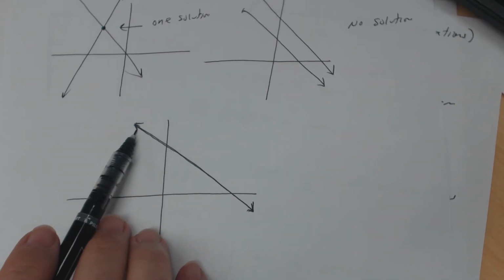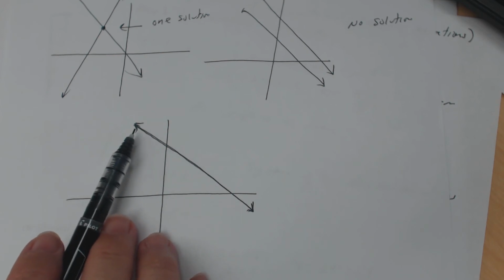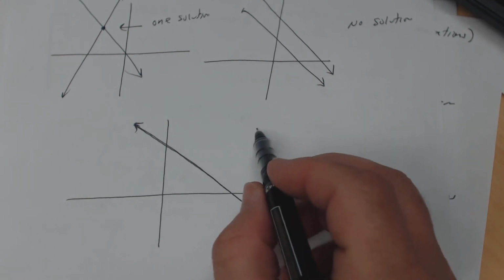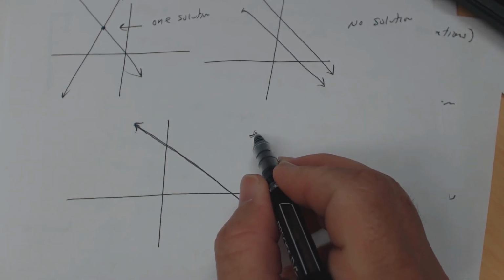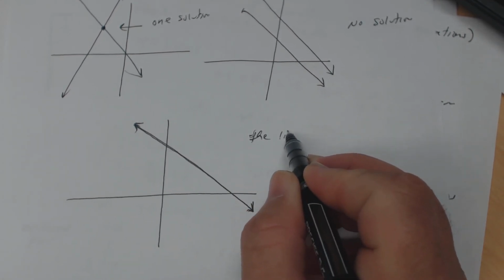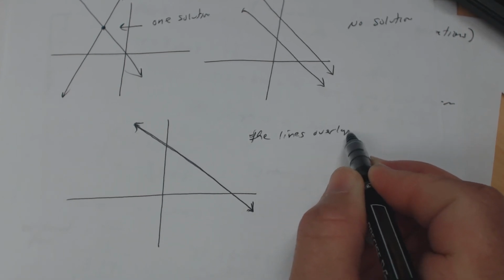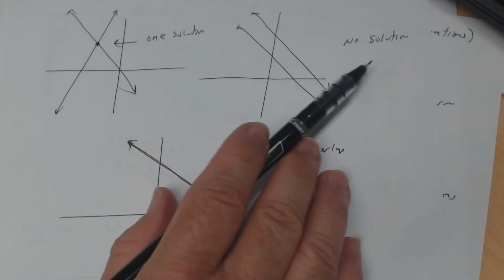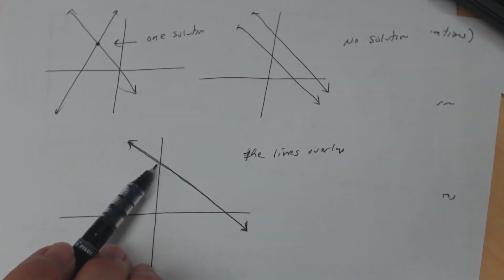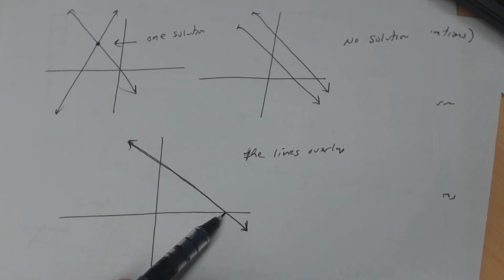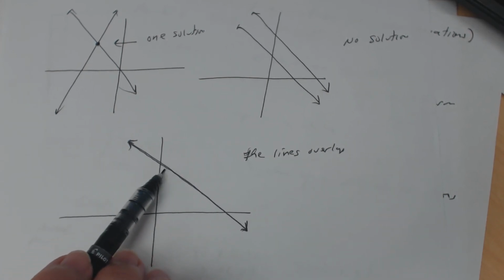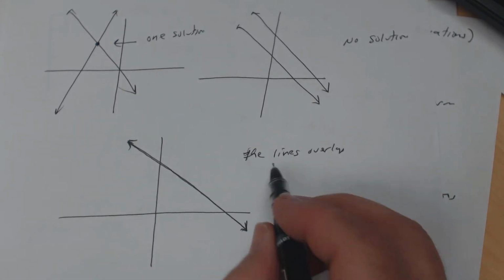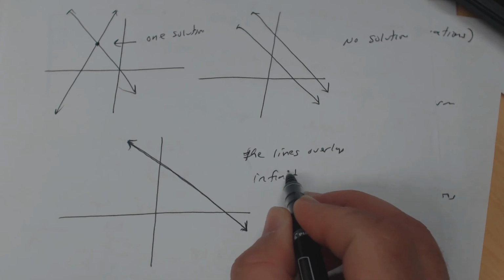If the two equations, when you graph them, overlap, meaning they're the same equation, the lines overlap. Remember, they intersect here once, they don't intersect here at all, so no solution. Here, they intersect everywhere on those two lines. So there's an infinite number of solutions.